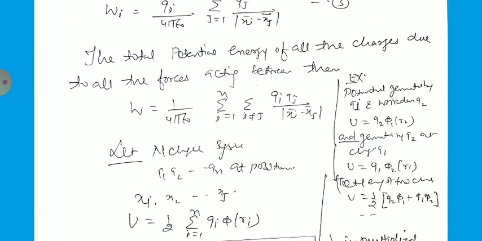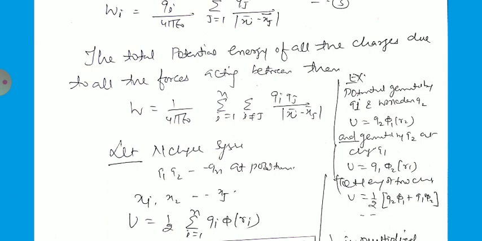We know that the work done is W equal to Q2 phi at R1. Similarly, the potential generated by Q2 at the charge Q1 gives U equal to Q1 phi at R2. So the total energy of the system is the sum of these two, divided by 2.